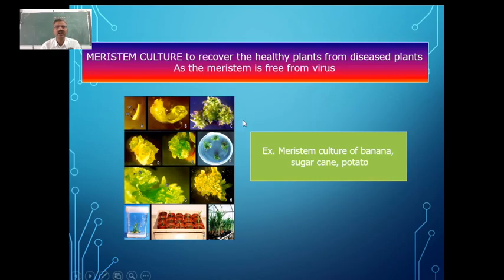You can see the other useful aspect for which we use this tissue culture. If we are having a plant which is diseased, but it may be having a very good yield, we have the meristematic region, which is normally not affected by viruses or maybe some pathogens. That meristematic region will be very healthy in that case.